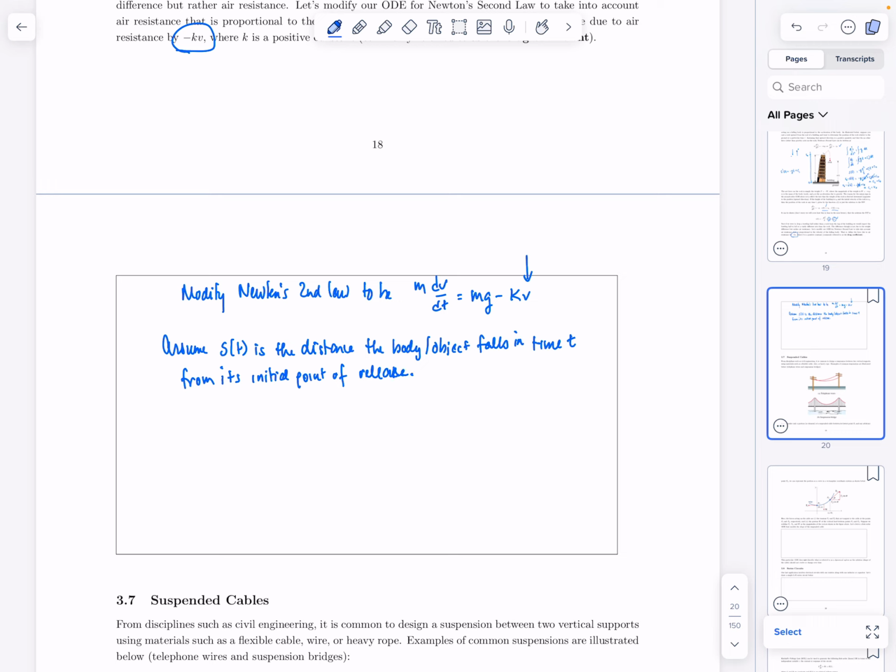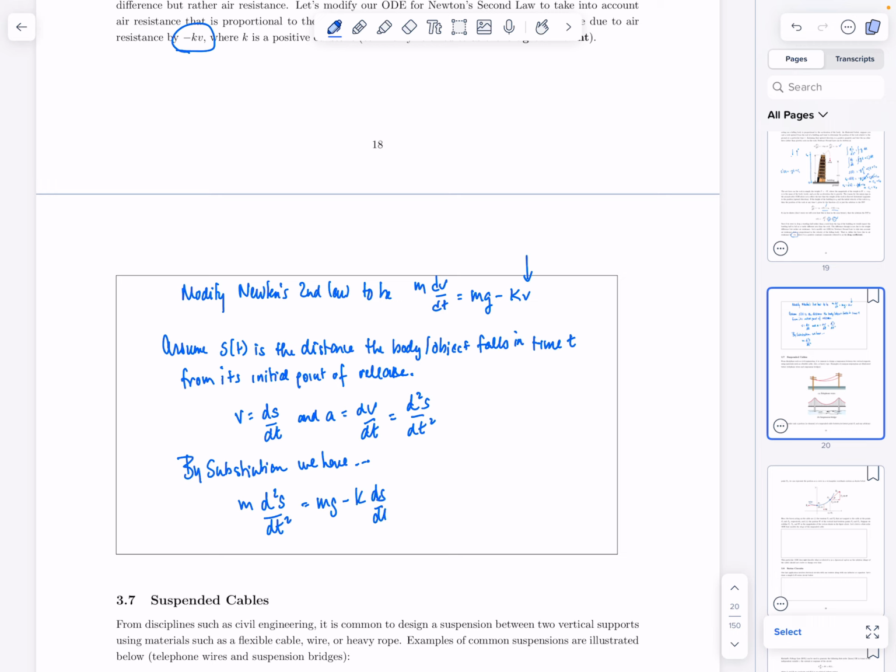So what we have is that, of course, velocity is just the derivative of the position function, and acceleration, of course, is the derivative of the velocity. So relating those two, that, of course, is the second derivative of position. So by substitution, we can change the differential equation in the velocity to a differential equation in position. In other words, we have the following: m times the second derivative of position with respect to time is equal to mg minus k times ds/dt.